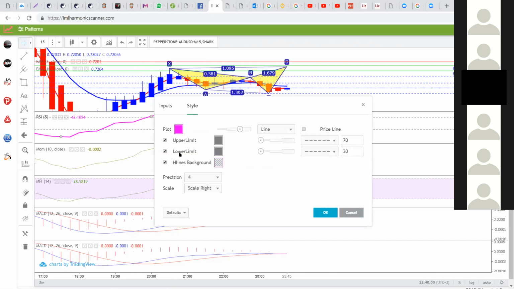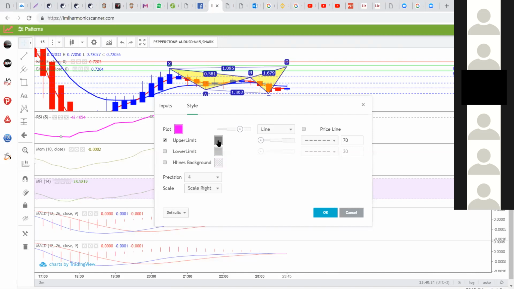I'm going to uncheck these two, lower limit and H lines background. I'm only going to check the upper limit. Please don't forget this. Check the first one, uncheck those two.